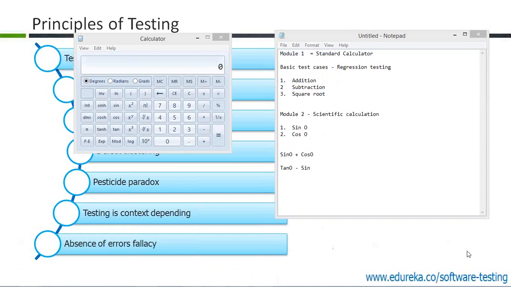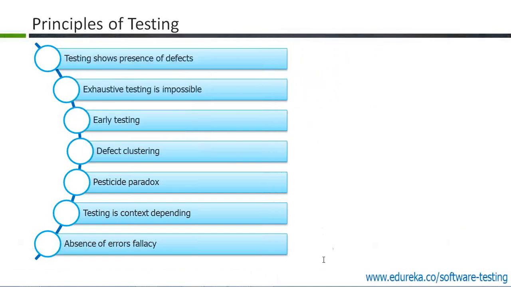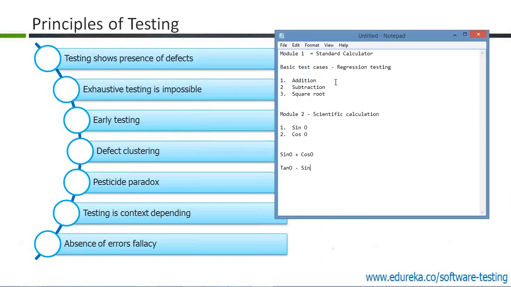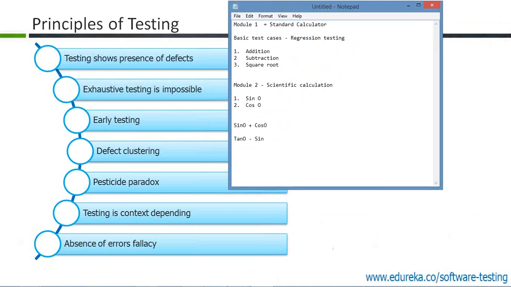You understood? If the same kind of tests are repeated again and again, the same test cases will no longer be able to find new bugs. To overcome this pesticide paradox, why does this terminology come up? Because you are trying to introduce a new functionality, scientific calculation.